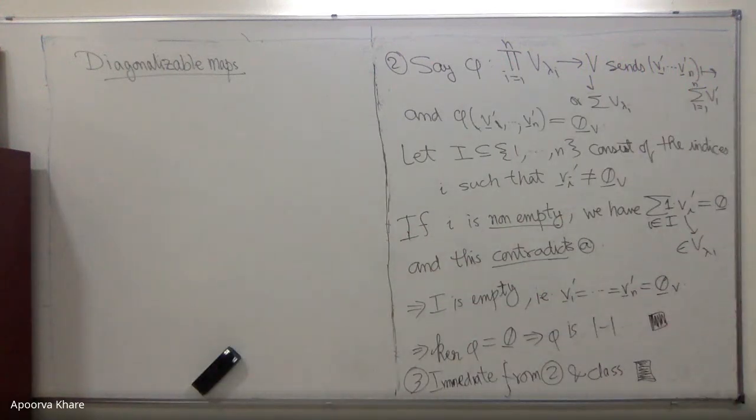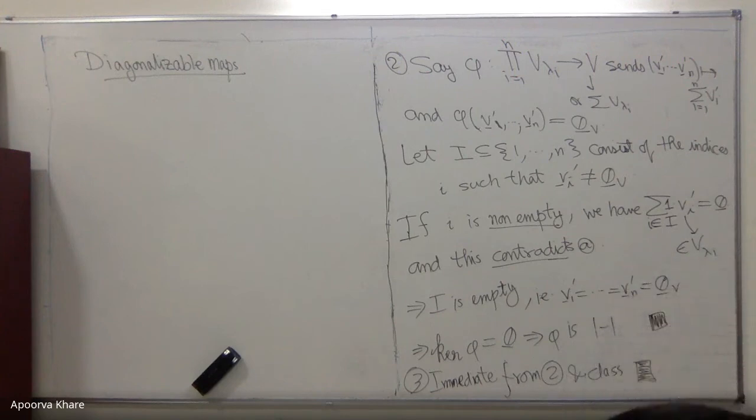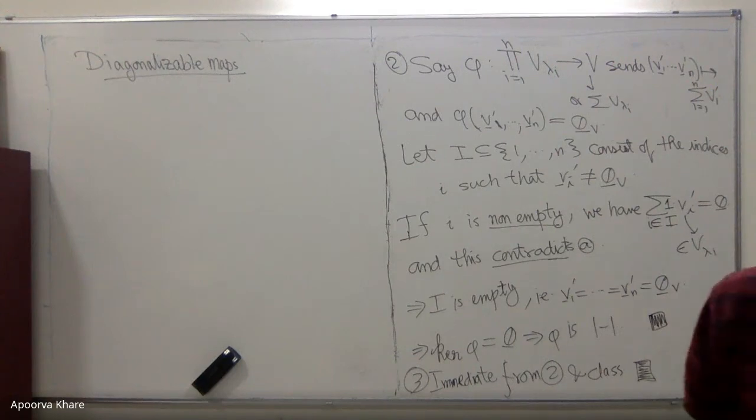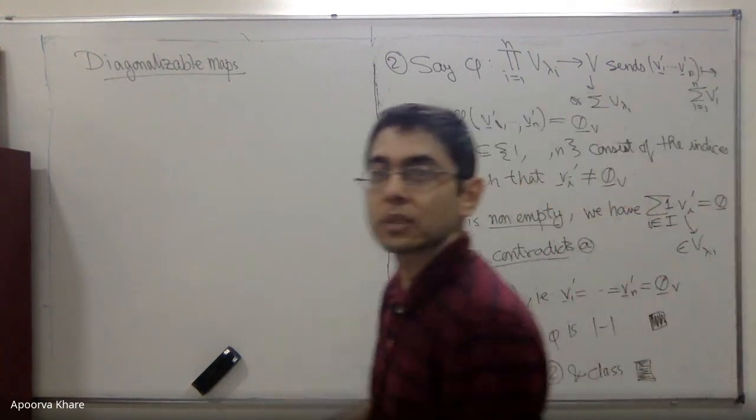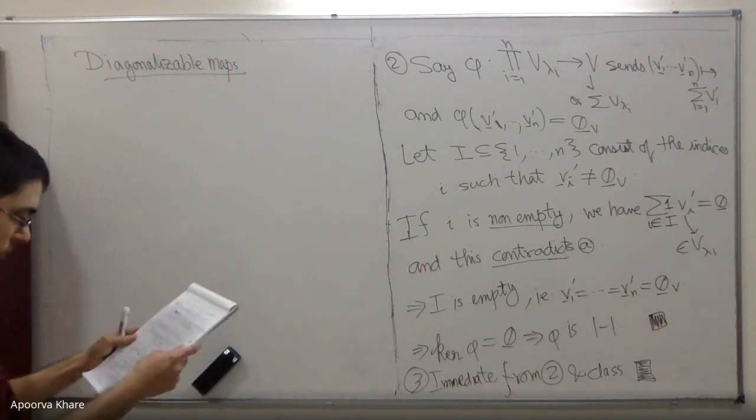What is going on? I want to do AM-GM for diagonalizable right now. That's why AM-GM comes next. Okay, fine. So let's start with diagonalizable maps.